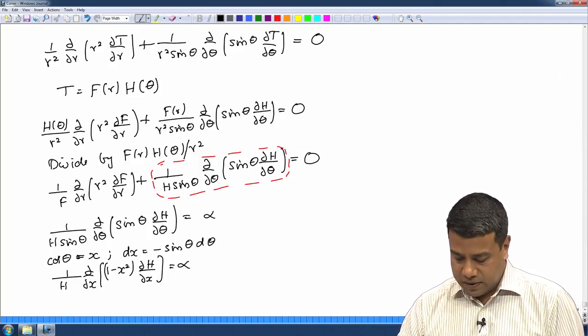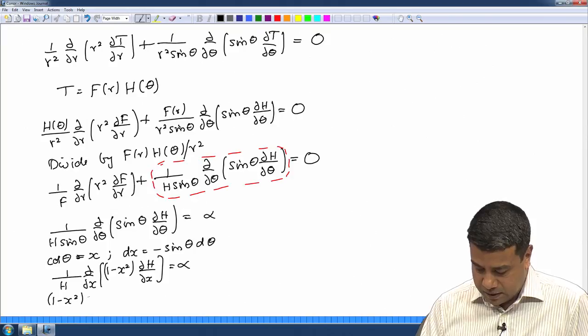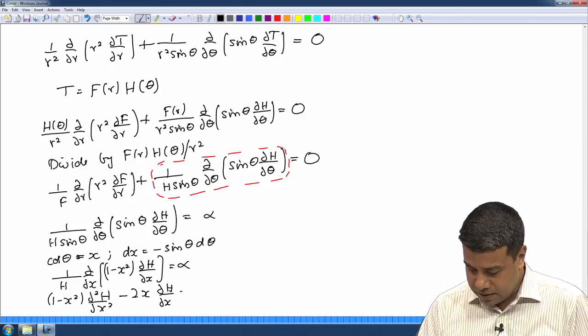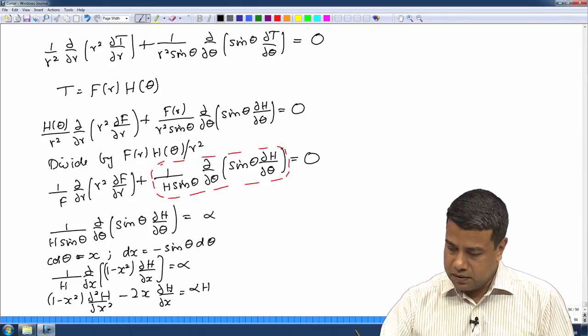Therefore, I have an equation which is of the form 1 minus x square, d square h by dx square minus 2x dh by dx is equal to alpha into h.